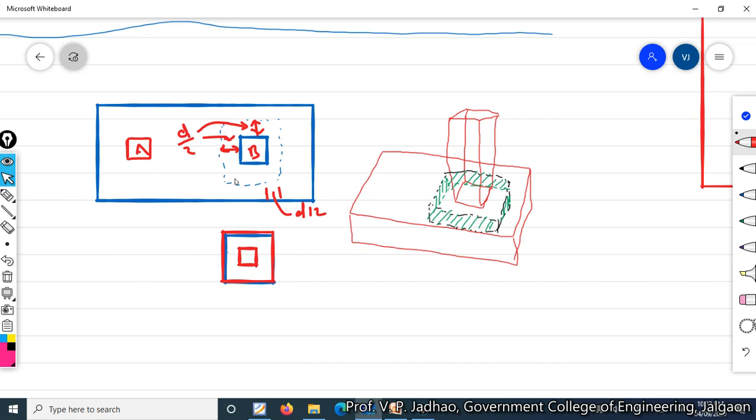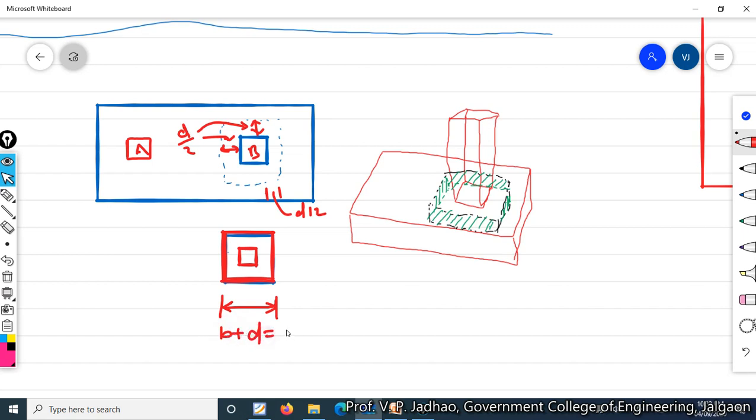So this punching shear will be acting on an area having a width equal to small b plus d.